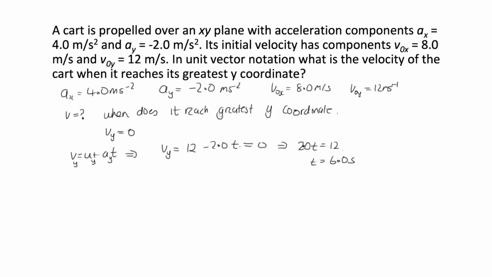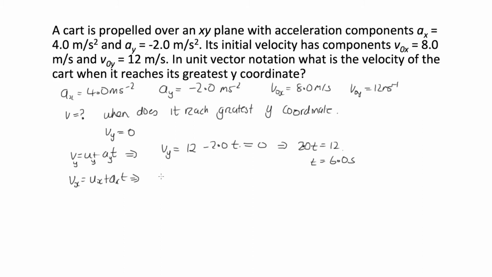So we now want to know the velocity at 6 seconds. We have a velocity for Vy here, and we'll also need a velocity for Vx. So Vx is equal to Ux plus Ax t.